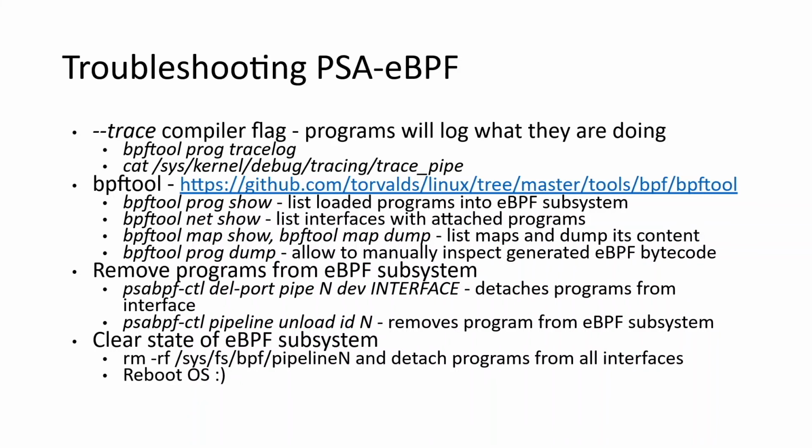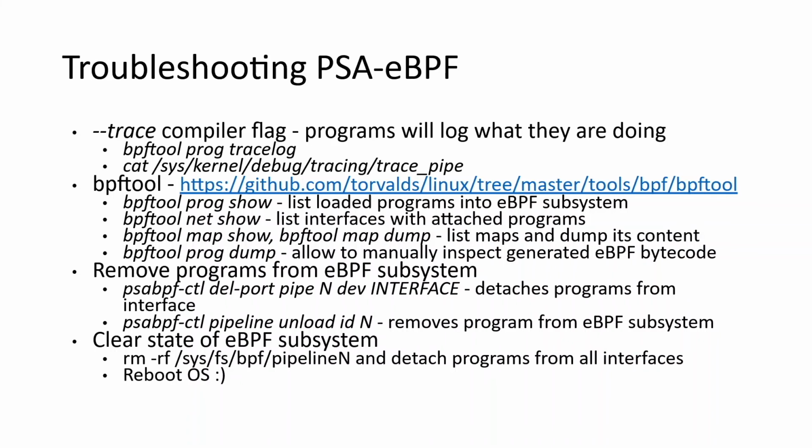There are two ways to read these logs. Use the command bpftool prog tracelog or cat one of the system files. Analysis of the logs allows you to debug P4 programs. bpftool is a command line tool that can be widely used to troubleshoot PSA eBPF programs.